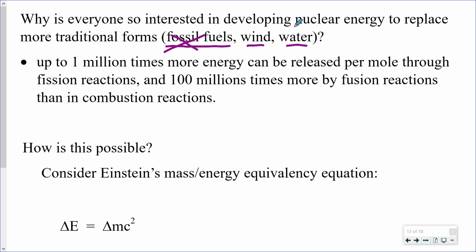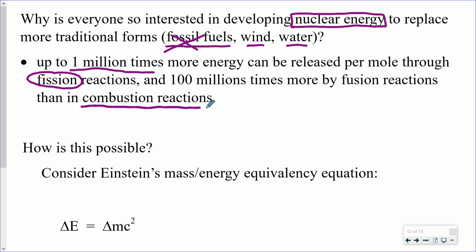But with nuclear energy, huge amounts of energy are released and can be used to generate electrical energy in nuclear generating stations compared to these other more traditional forms of generating electrical energy. So how much more? Well, really, we're talking about 1,000,000 times more energy using the nuclear reactors that we have today, which are nuclear fission reactions, compared to combustion reactions.